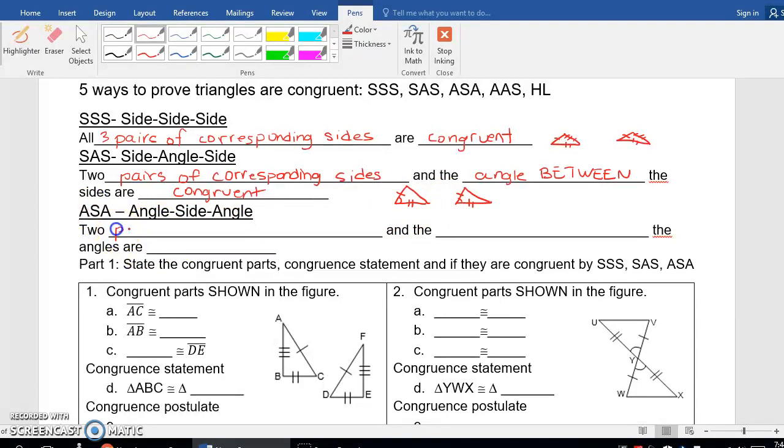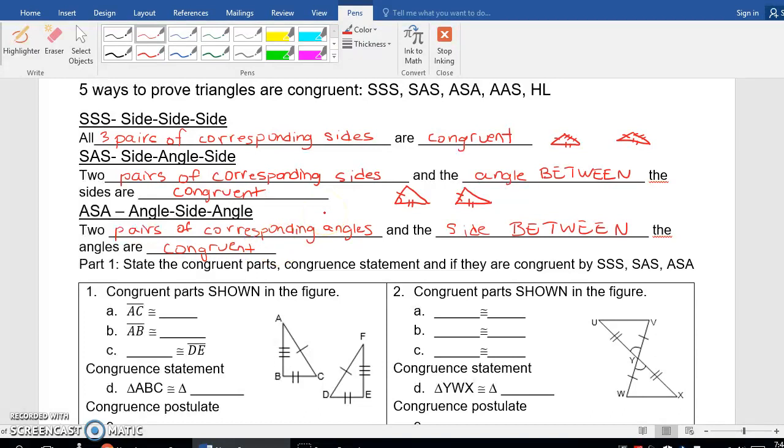That's when 2 pairs of corresponding angles and the side between them, again, emphasis on between, are congruent.